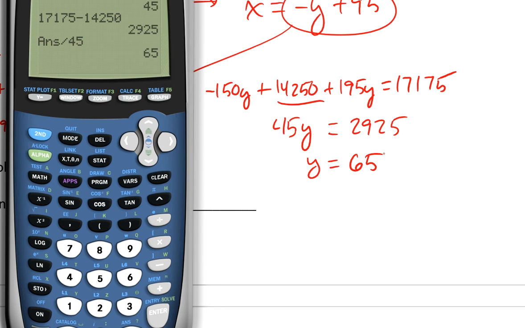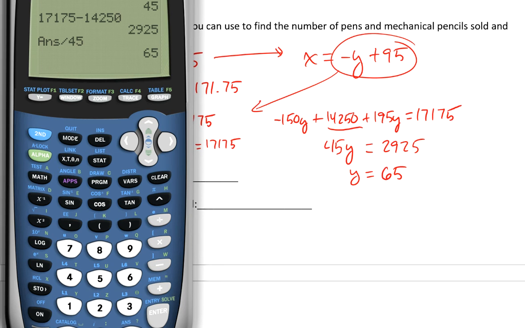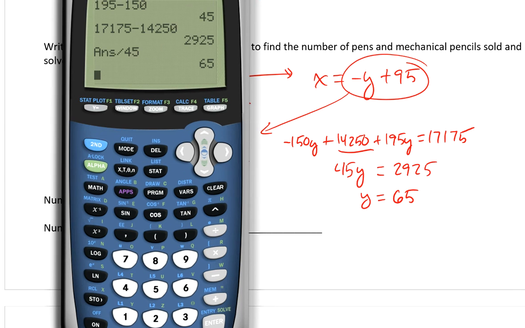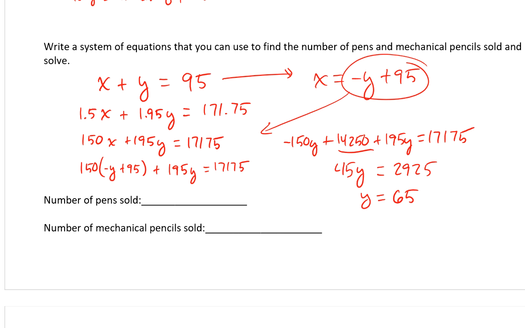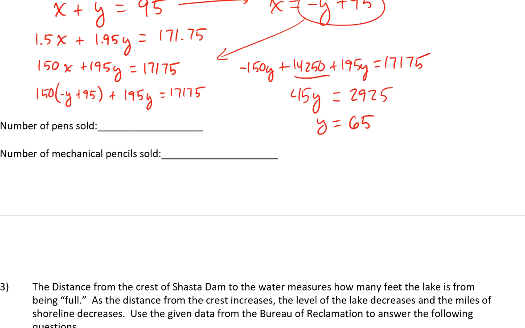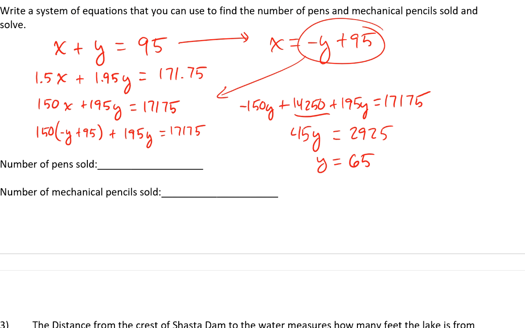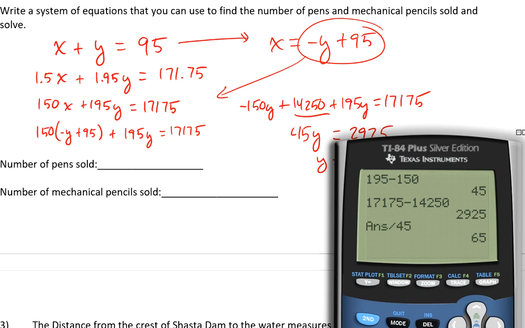And in this problem, I think I said that y was the number of pencils sold. So I believe this is the correct value for the number of mechanical pencils. But before I write it in the blank over there, I want to find x and check it. In order to find x, I'm just going to take the opposite of that y and add 95.